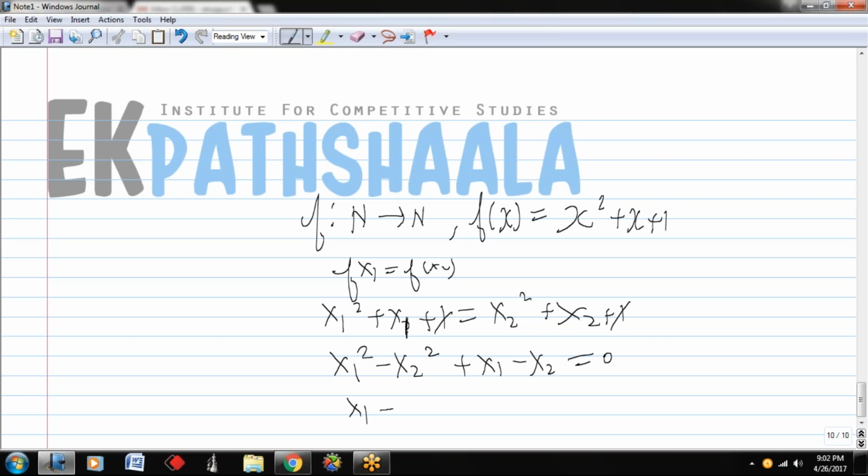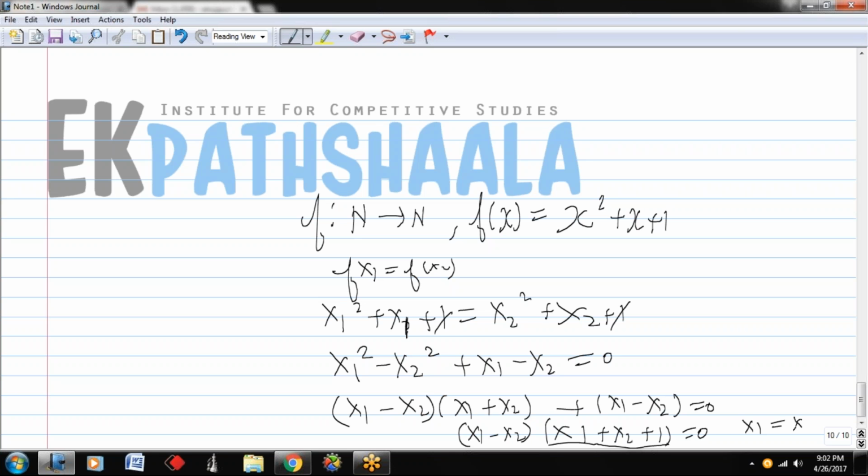Now I can say that x1 minus x2 into x1 plus x2, plus x1 minus x2, is equal to 0. I can take x1 minus x2 common. This will become x1 plus x2 plus 1 equals 0. I know that this part cannot be equal to 0. Therefore, x1 minus x2 equals 0, which will give us x1 equals x2. Is that clear?